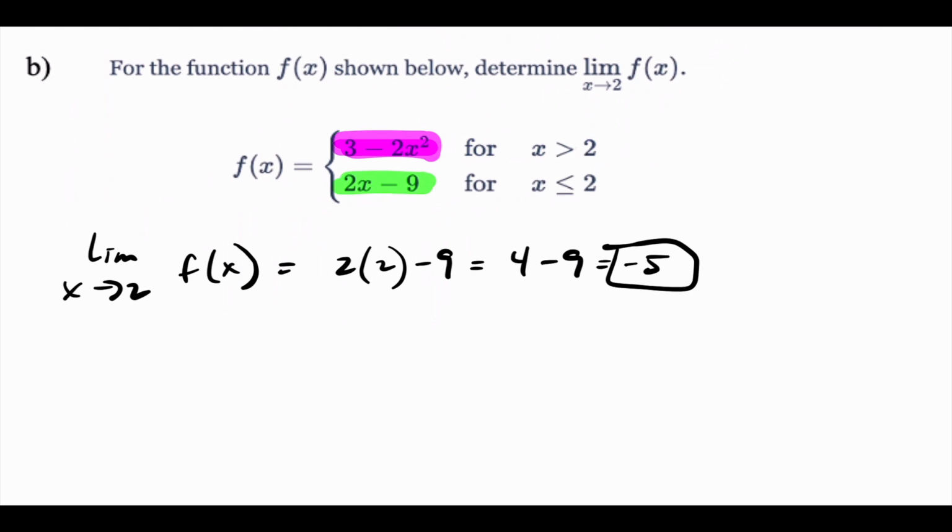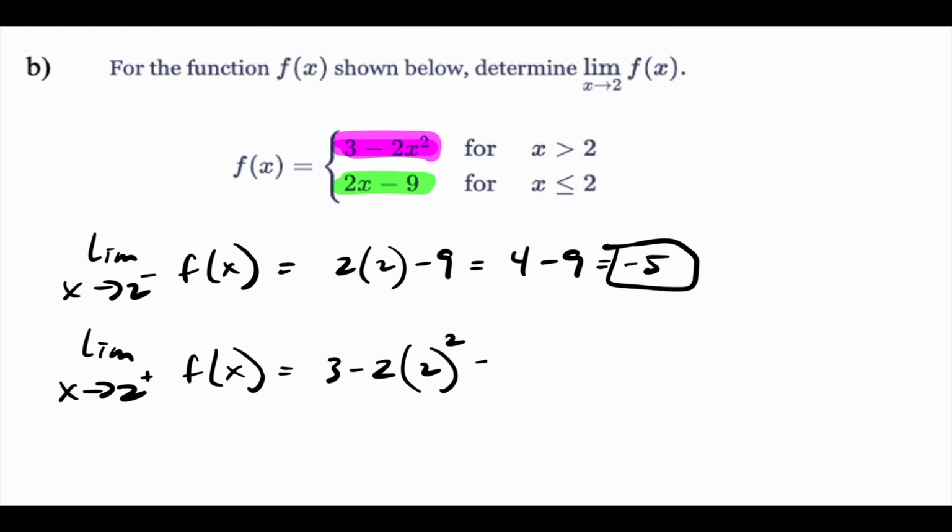Okay, so that was the left side. So let me try coming in from the right side. I'm going to plug in the same value I plugged in before. So order of operation says you got to do exponents then multiply. So what do we get? 8.